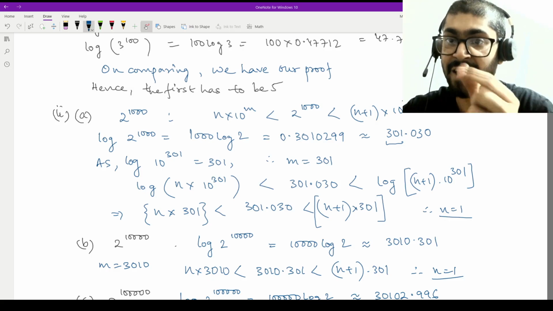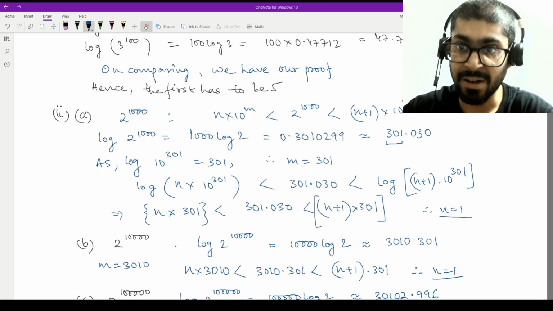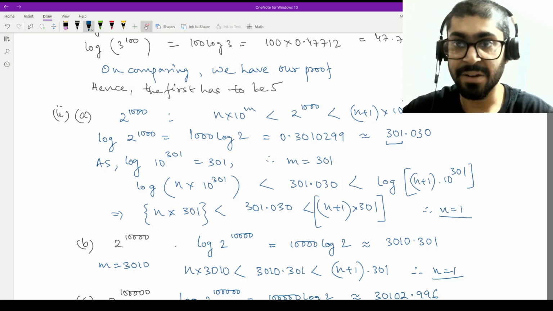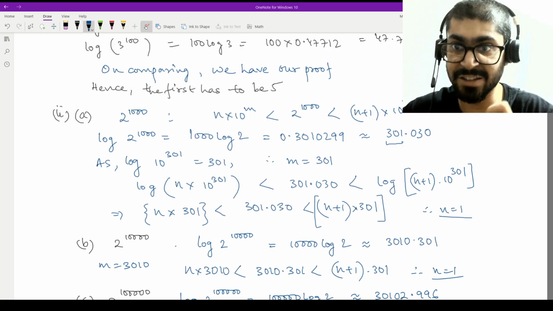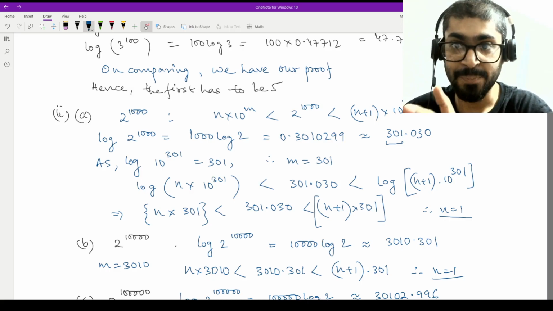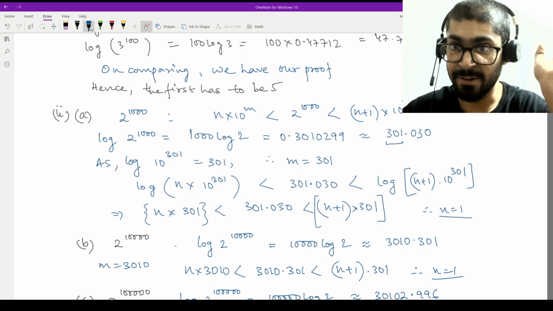Here, if it starts crossing on to the next integer, by the definition of logarithms, which are basically indices to base 10, a change in the integer part means going to the next power. Since this is very near to 30103, my m will be changing here.